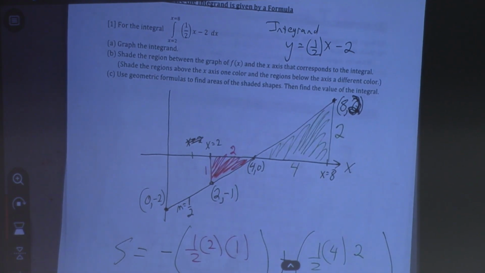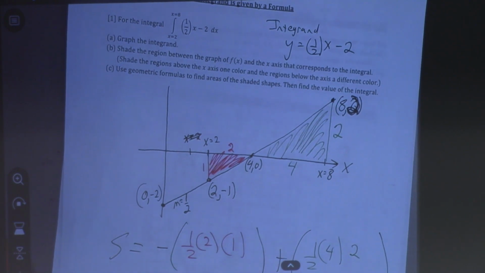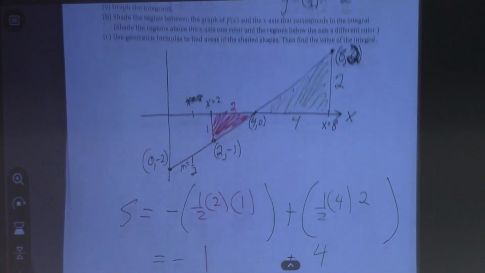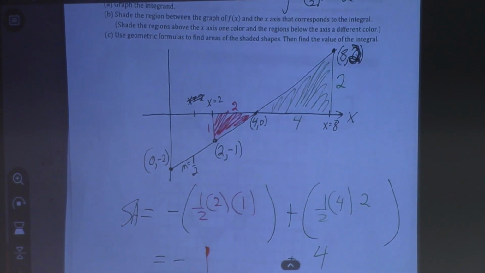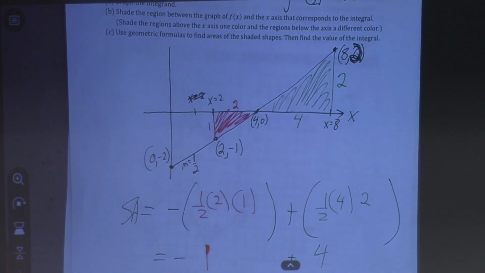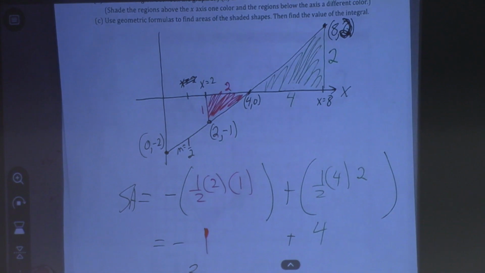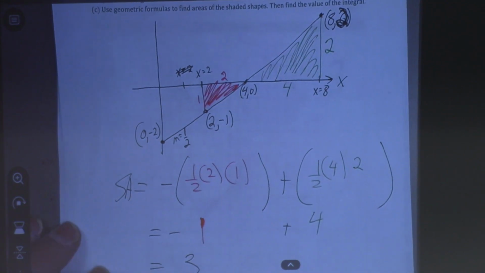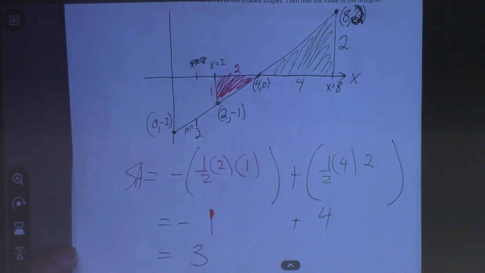So minus 1 plus 4. So signed area is 3. Coincidence or conspiracy? Same signed area we got before.